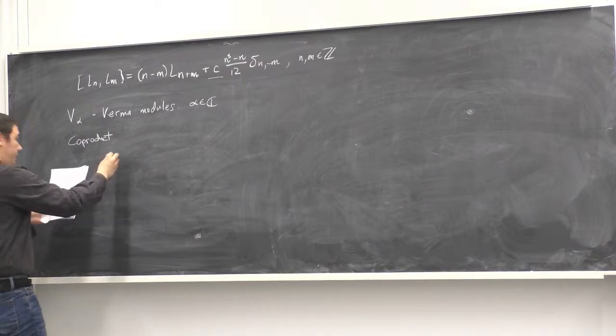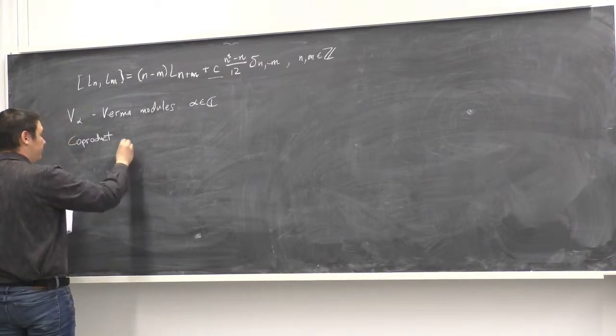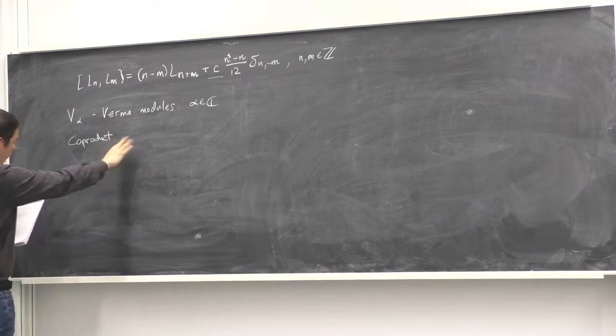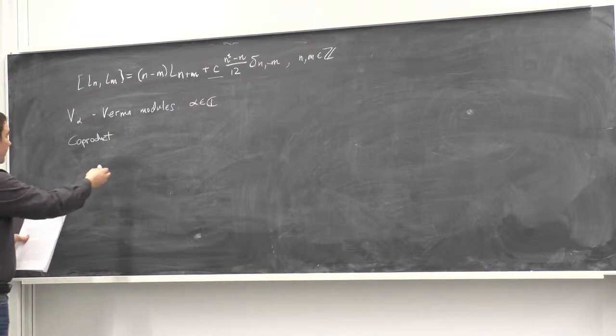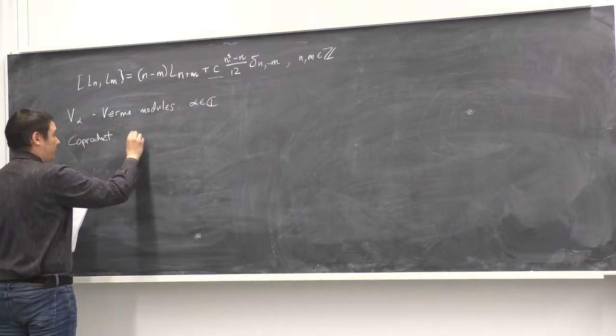This is a way to define the action of the algebra. I cannot go into details, so I will just use the words. This is a way to define the action of the algebra on the tensor product.